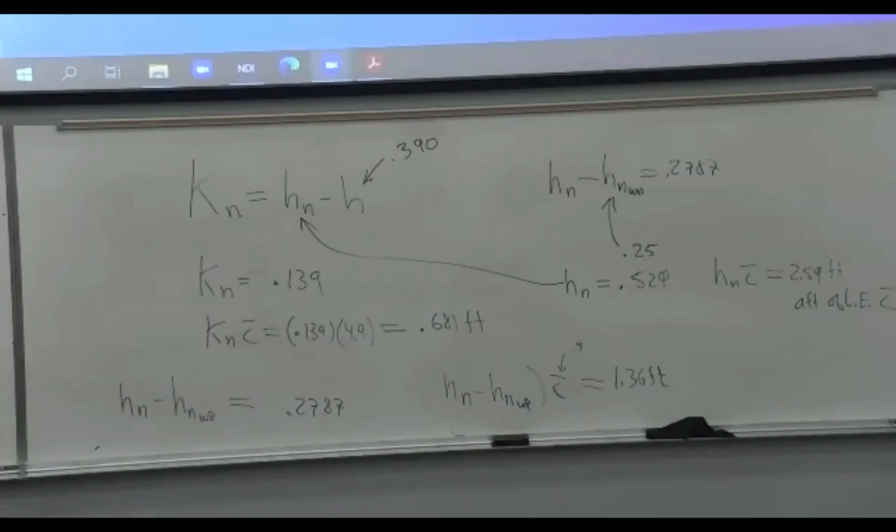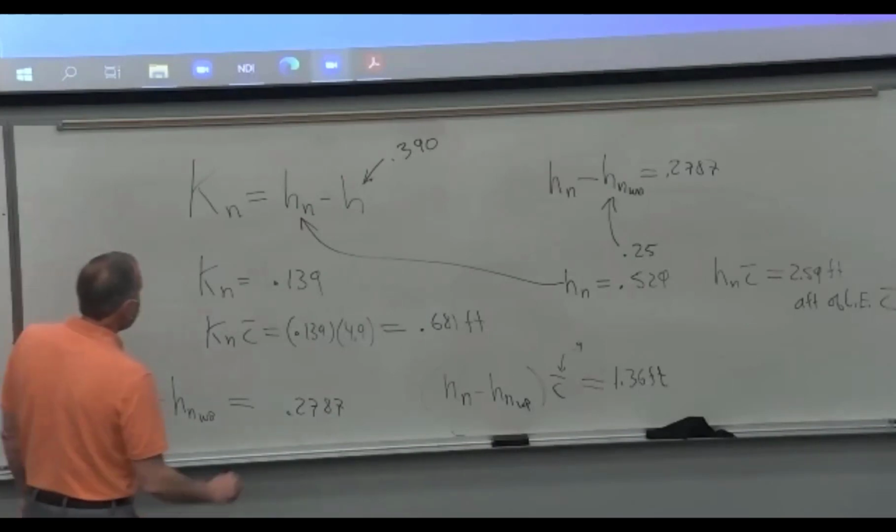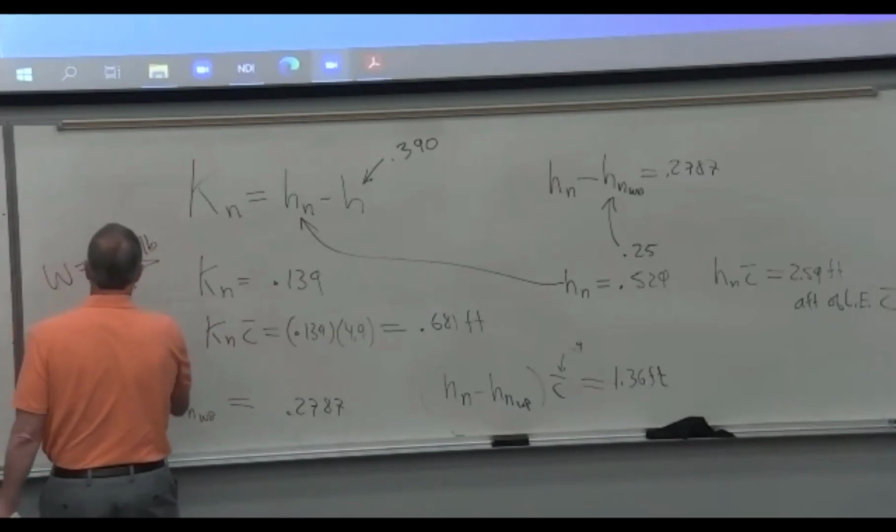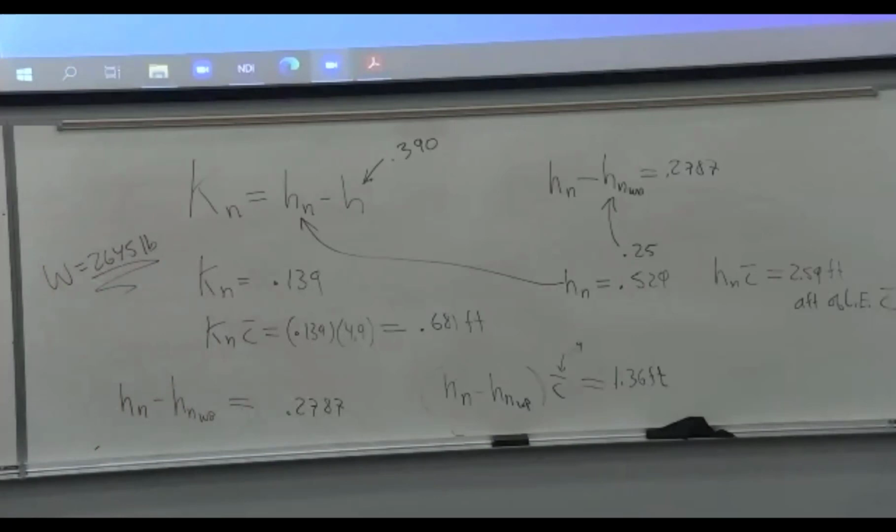And since the whole airplane only weighs 2645, if you put 500 pounds of cargo in the back part of the airplane, you could shift the CG to the wrong side of the neutral point. So you do have to be careful about where people sit in the airplane and where you put cargo, and there's a limit to that. That's all in the pilot's handbook.